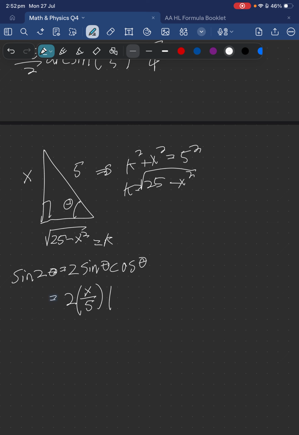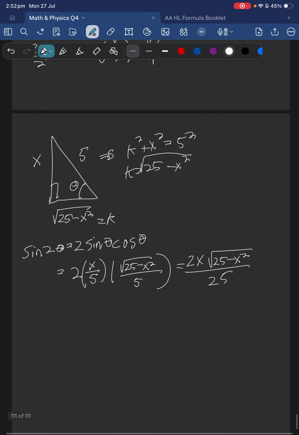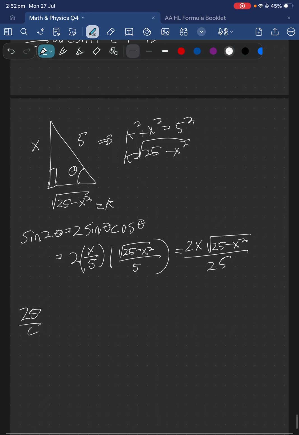Cosine theta is, wow, it's a lot, man, the square root of 25 minus x squared over 5. There we go. So if we put that in 25 over 4, we get 25 divided by 4 times 2x times this.